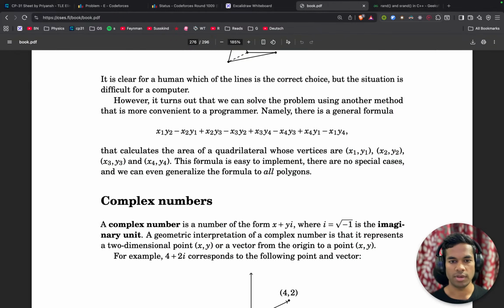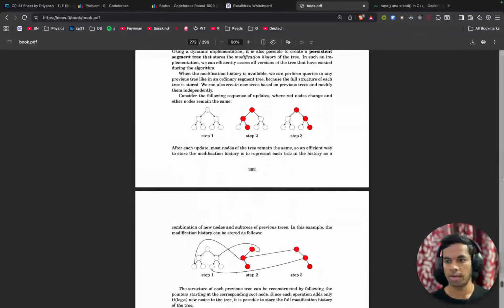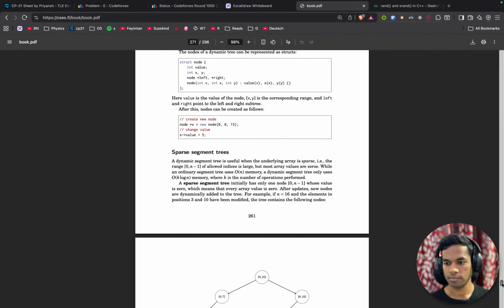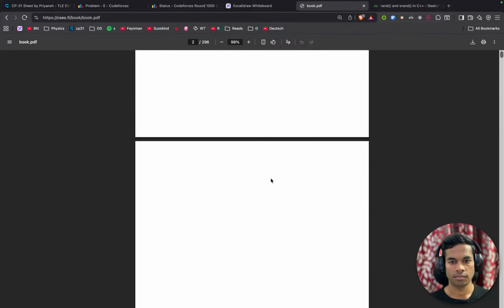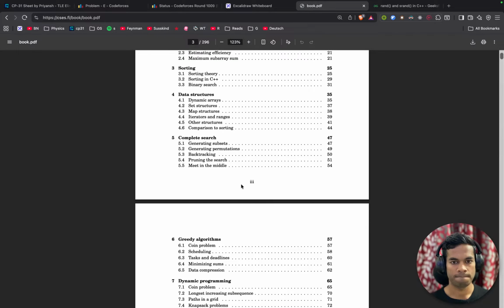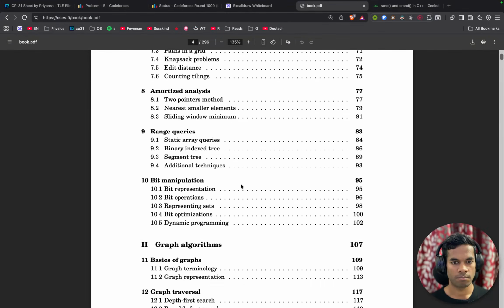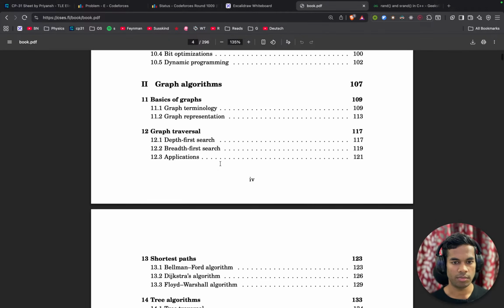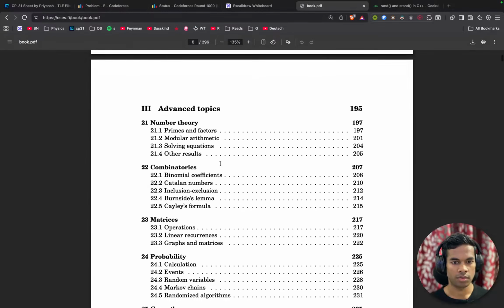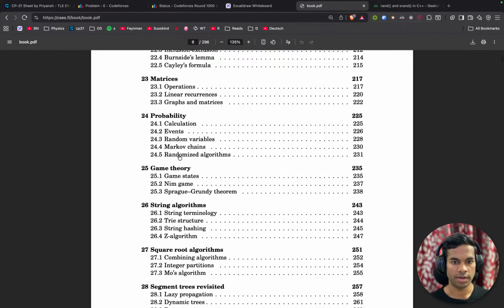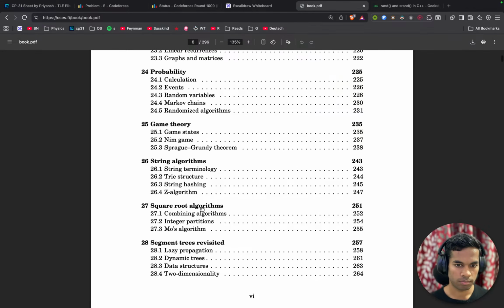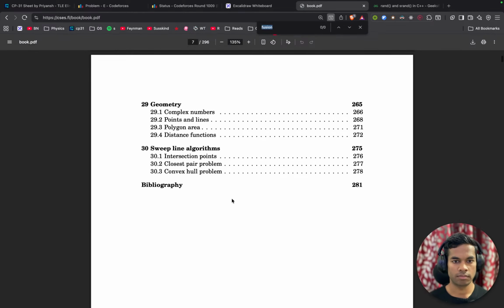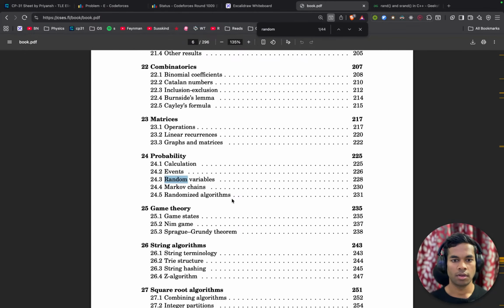And there must be random algorithms in this book also. Range, bit manipulation, probability, no. Random variables, which is in probability.